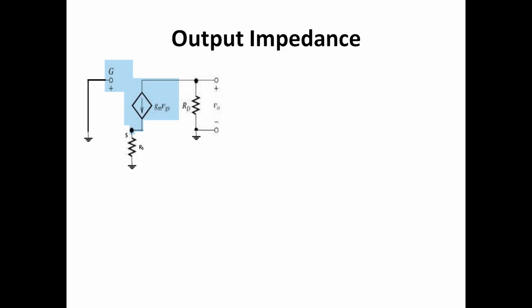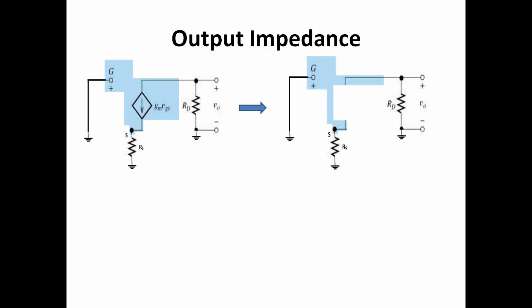To find the output impedance, let's put an output potential at this output terminal, and the other supply will be shorted to ground. So this gate is shorted to ground. After doing that, we can make a circuit like this, where the potential drop between this gate terminal with respect to ground is 0.